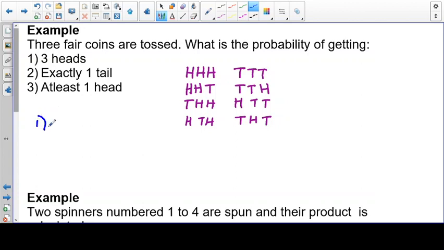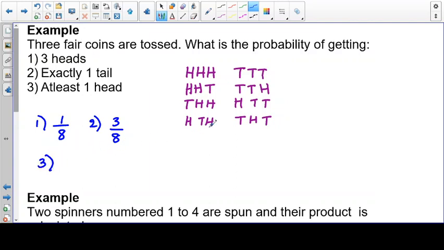The first one, question 1, the probability of 3 heads. Well, that's just 1. There's 1 favourable outcome out of 8. Question 2, exactly 1 tail. So there's 3 favourable outcomes out of 8.